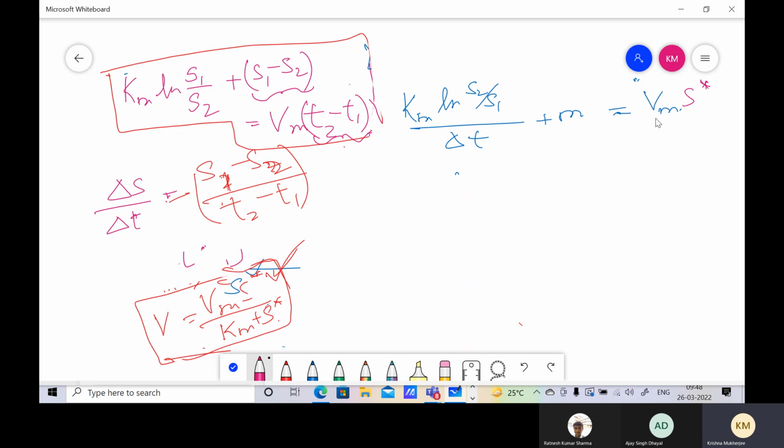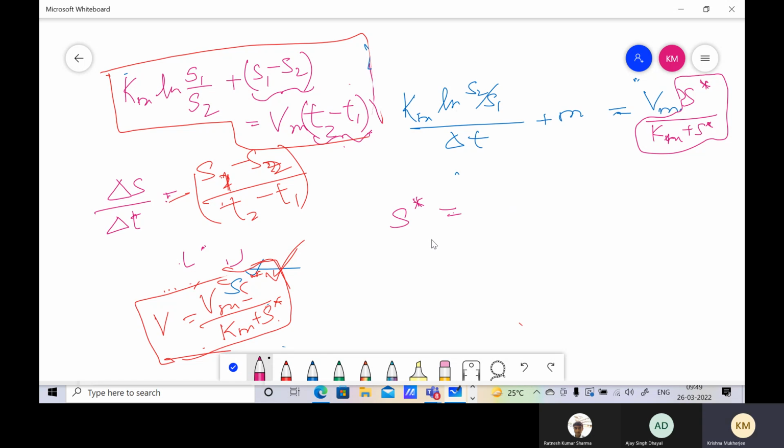Now I'm multiplying by S star upon Km plus S star. Okay, let me do this like this. Or let me do it, I mean, because I've told you the answer, ये जो थोड़ा tedious हो जाएगा. I am telling you that S star is the logarithmic mean.